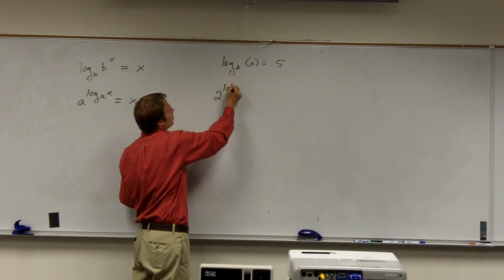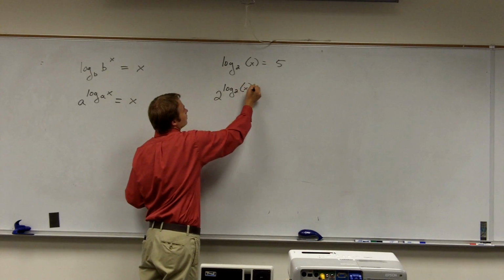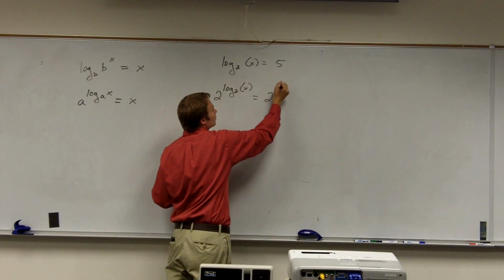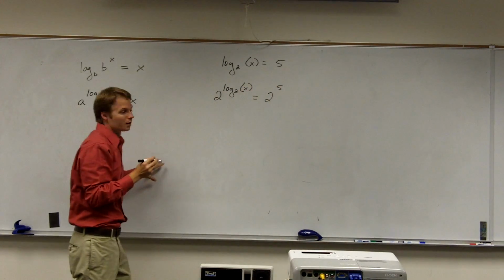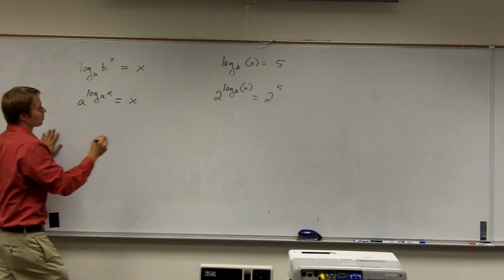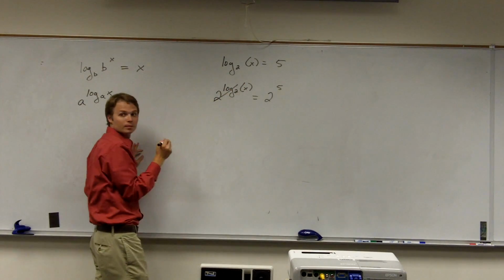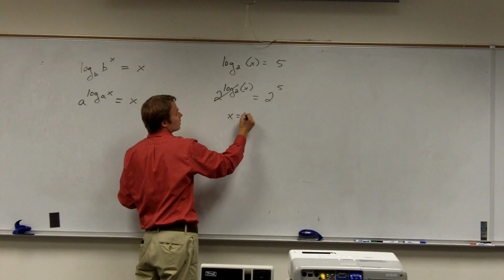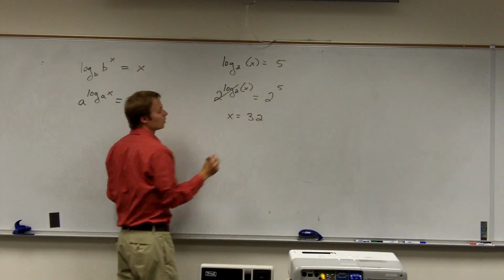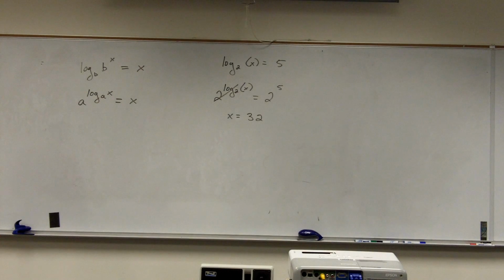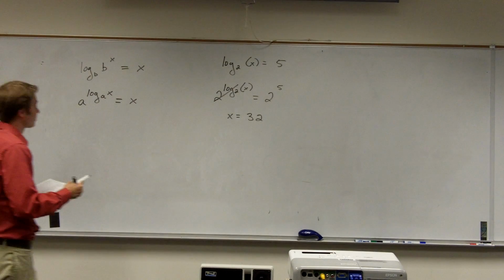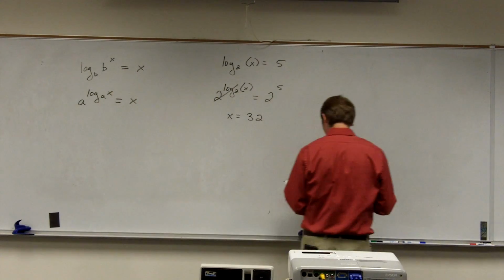If I take both of these as a power of 2, then in this case I can use this rule that this will cancel out with this. And I'll just get x is equal to 2 to the 5th, which is just 32. So this is a trick that I'm going to use to try to get rid of logarithms.